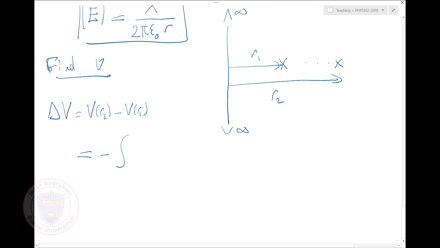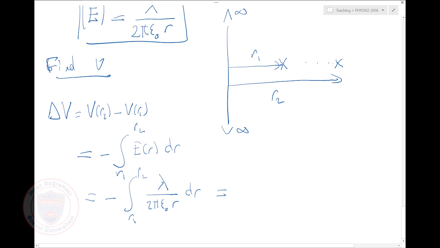What was my rule? It's going to be minus the integral of E of R dr from R1 to R2. And E of R I've just found is lambda over 2 pi epsilon 0 R, so minus the integral of lambda over 2 pi epsilon 0 R dr from R1 to R2.